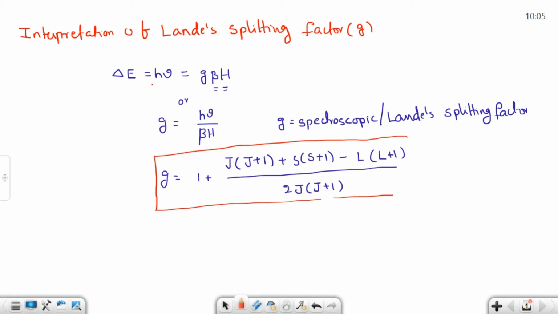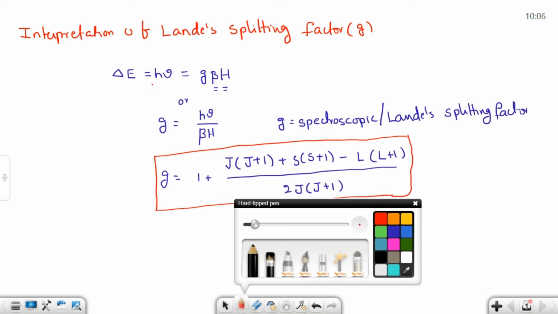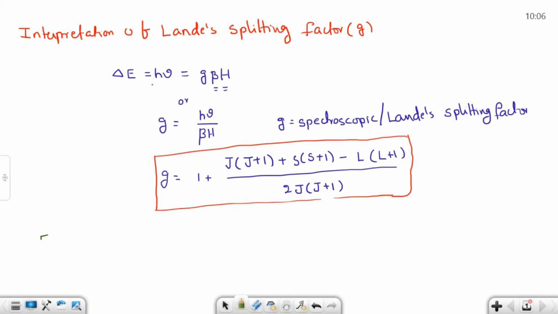So for example friends, let us consider a free electron, that means a single electron.